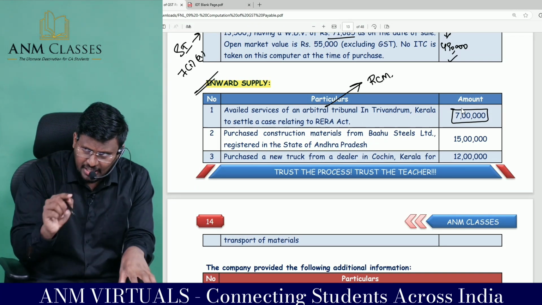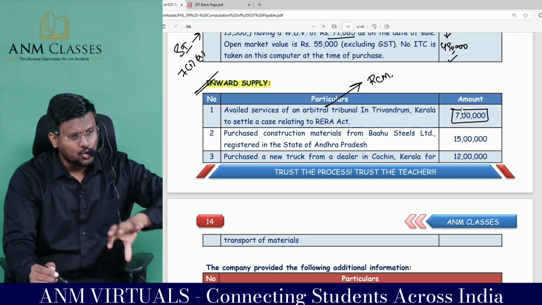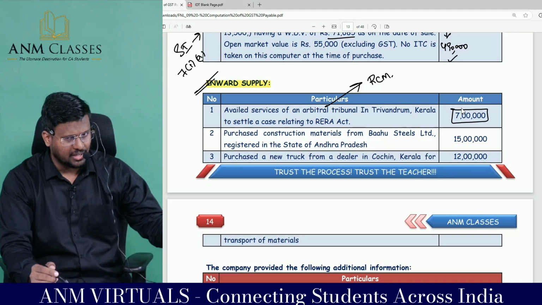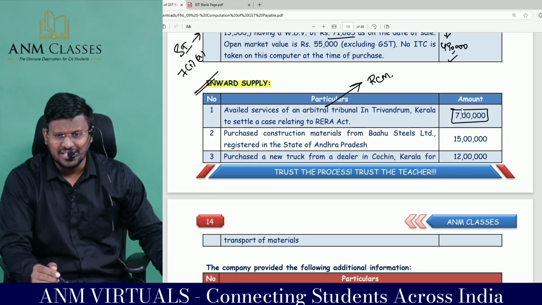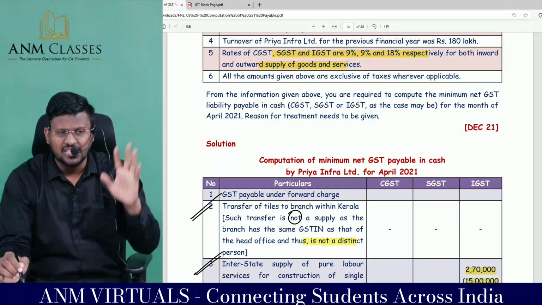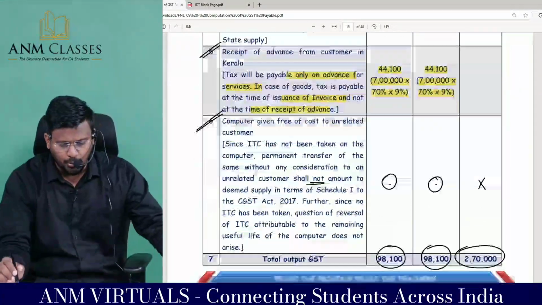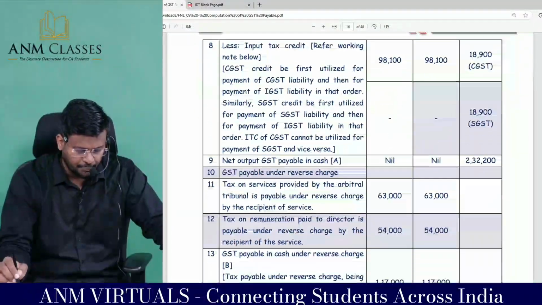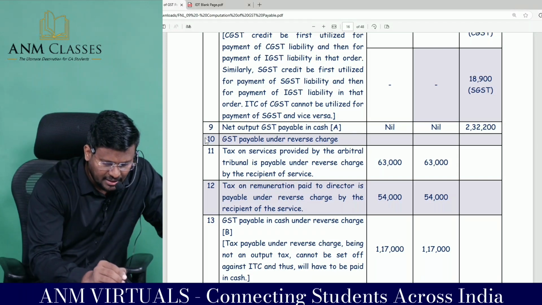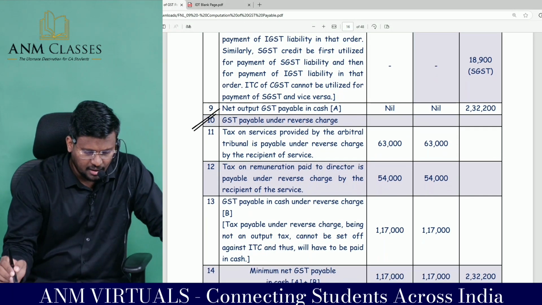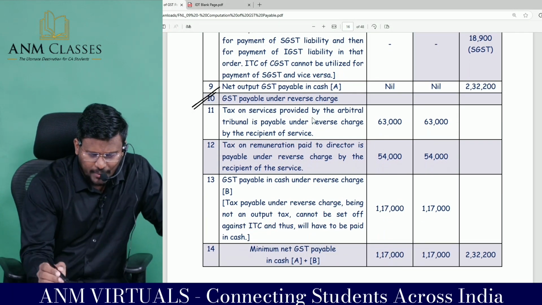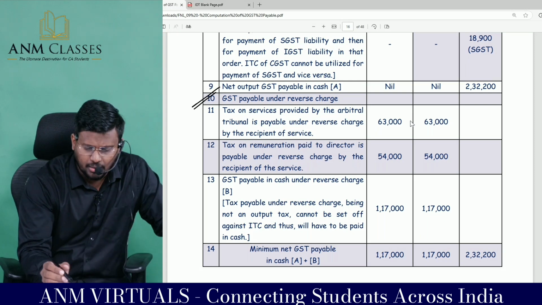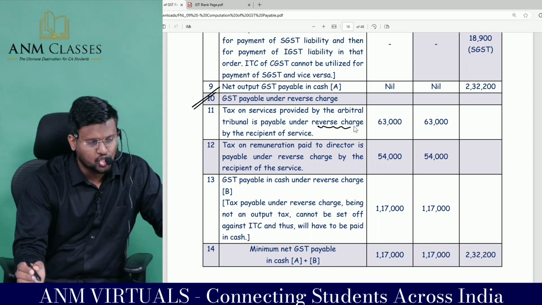Since they are paying tax on RCM, it has to be added to the output tax liability, and that amount can be taken as ITC. In 2 places it should be added. One to the output tax liability and also to the ITC. Yes, sir. So you will be getting the GST payable under reverse charge. Tax on services provided by arbitral tribunal is payable under what charge?